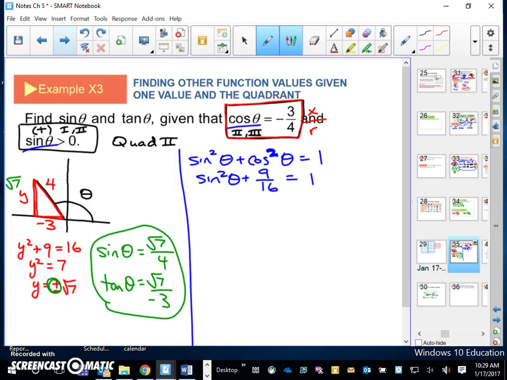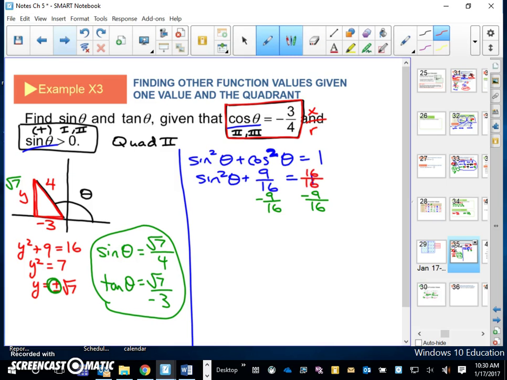I need to solve it. I need to isolate the variable. In any equation where you only have one variable, you should be able to isolate it. Pretend this was x squared plus 9/16 equals 1. You should have no trouble solving that equation. It's basically the same idea. So I'm going to subtract 9/16 to isolate the variable. I've got a 1 minus 9/16, so I'd better change it to a common denominator.